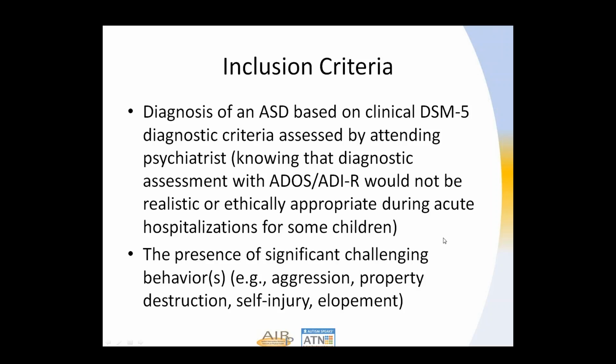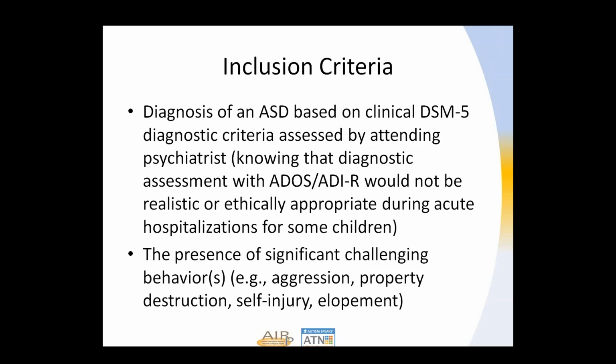Again, ASD according to the DSM, and we're looking specifically at challenging behaviors, and there are just a couple of them listed here. We've had a wide range. When we first started putting this project together, we were thinking more specifically about the kids with aggression. But as this has unfolded, we've seen a lot of different things.